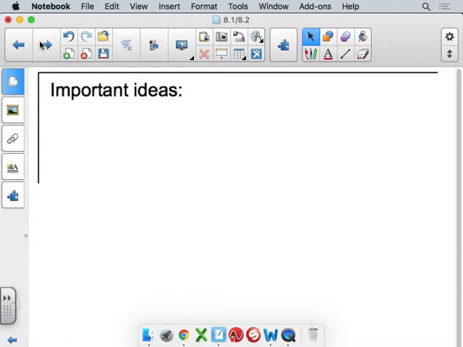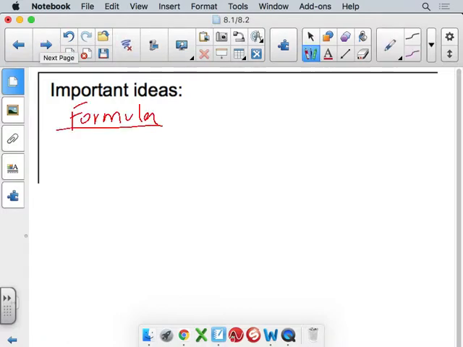So knowing your formula sheet. So knowing the formula. And so the formula says statistic, and maybe I'll make a note as I do it. A statistic is like a p hat or an x bar.